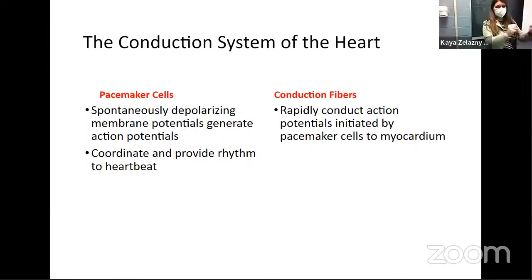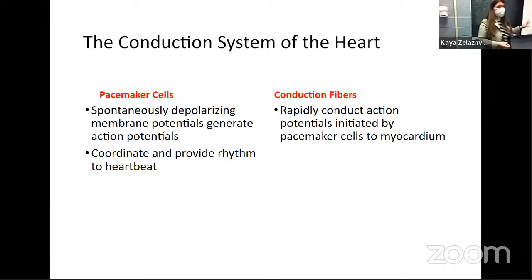What's going on with the pacemaker cells is that they're spontaneously depolarizing. That means they're not waiting for a nerve to send an action potential, creating depolarization like we saw at our synapses. These cells just have this automatic cycle where they have certain channels opening on this kind of time loop. Okay. So we're going to take a look at that as we dive into pacemaker cells.